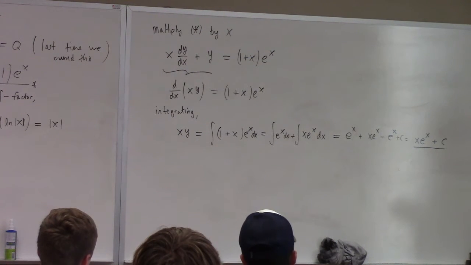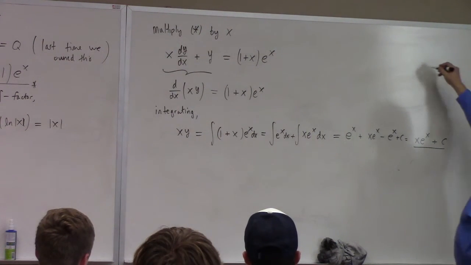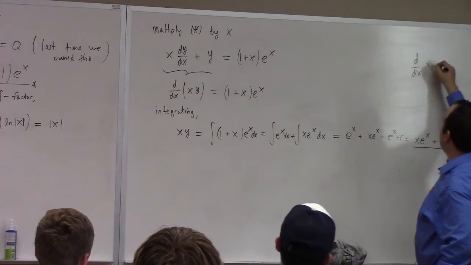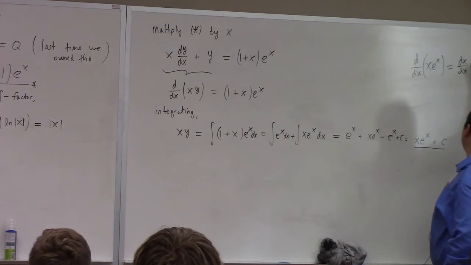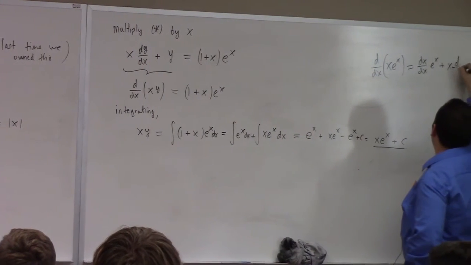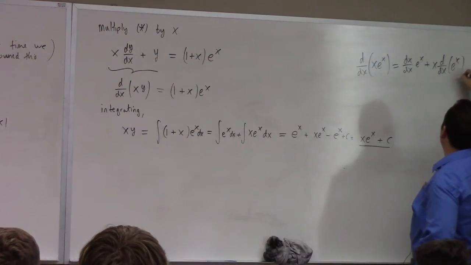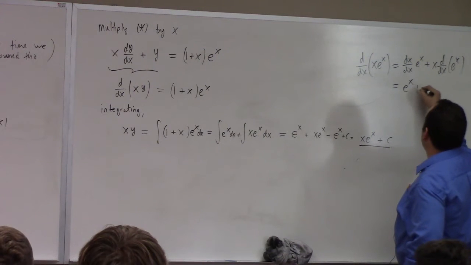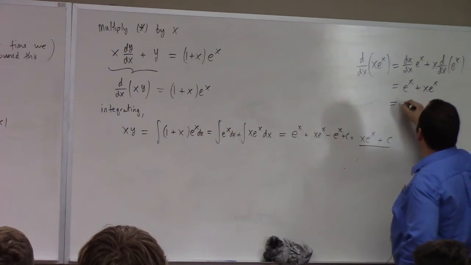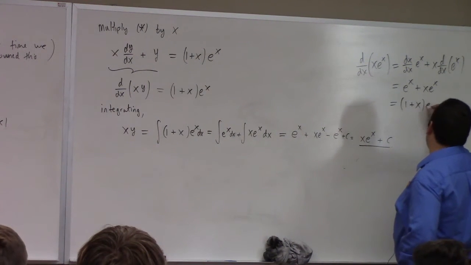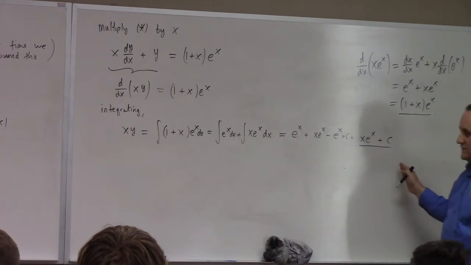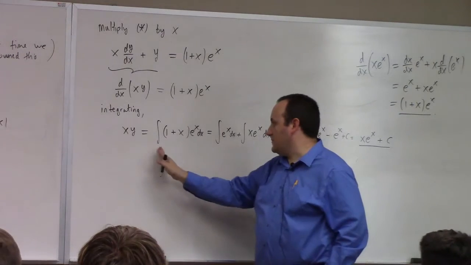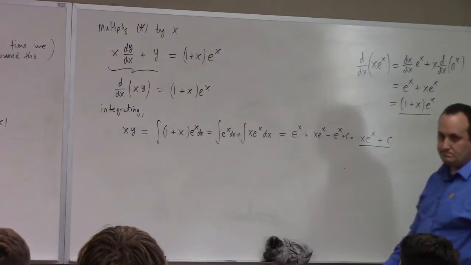No, just x dx. d/dx of x e to the x is equal to dx/dx times e to the x plus x times d/dx of e to the x, which is e to the x plus x e to the x, which is 1 plus x times e to the x. Which shows you that my integration is legit. We get back to the integral, right?